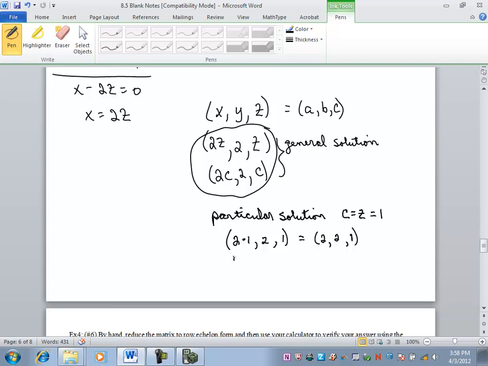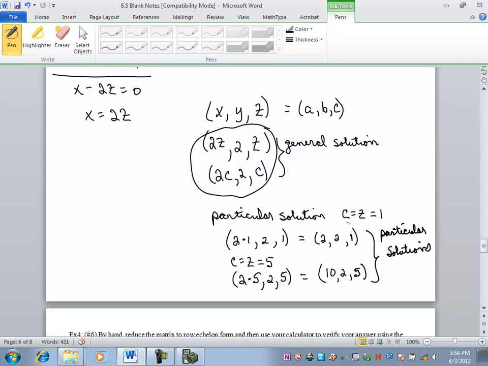Let's say that c equals z equals 5. So we get 2 times 5, comma 2, comma 5, or we get 10, comma 2, comma 5. So these are both particular solutions. And I'm sure some of you are sitting there saying, whoa, where did he get c equals z equals 1? Where did he get c equals z equals 5? I just pulled those out of the air.